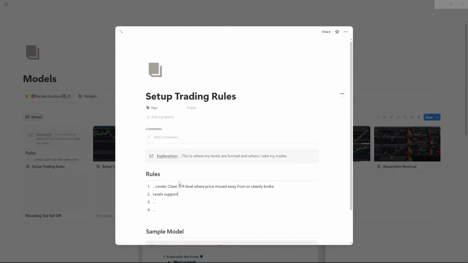Levels supported by volume or range chart, typically absorption candles. Retest volume from 5-minute time frame and range chart. Direction is set by 20, 25, 50, and 75 range chart.